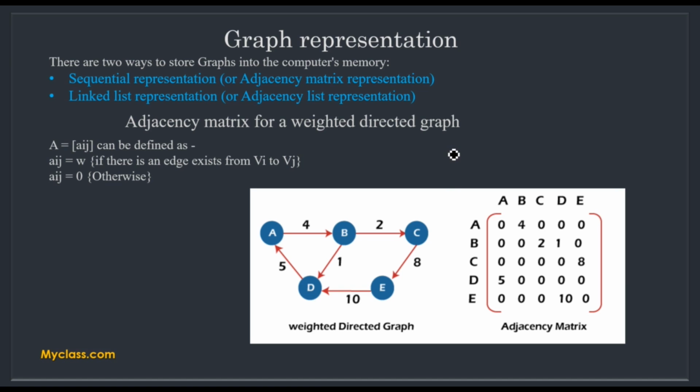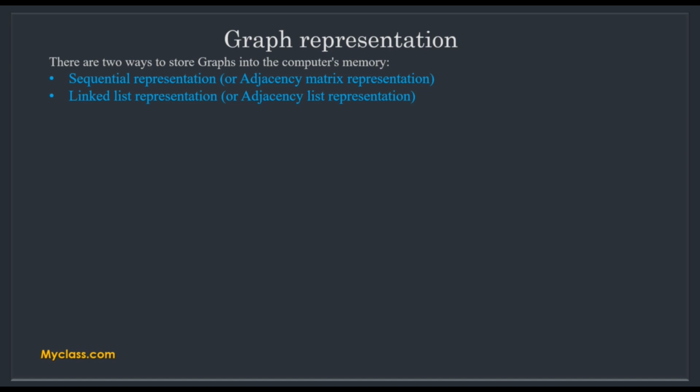For a weighted directed graph, the only difference is that if there is an edge, the value at that position is the weight itself. The weight of the edge from A to B is 4, so here it is 4. If the graph is not weighted, the value is 1.